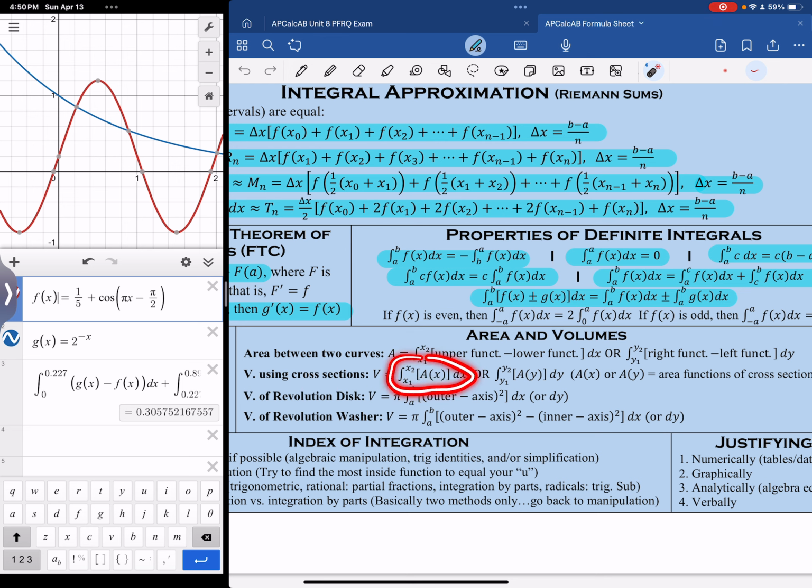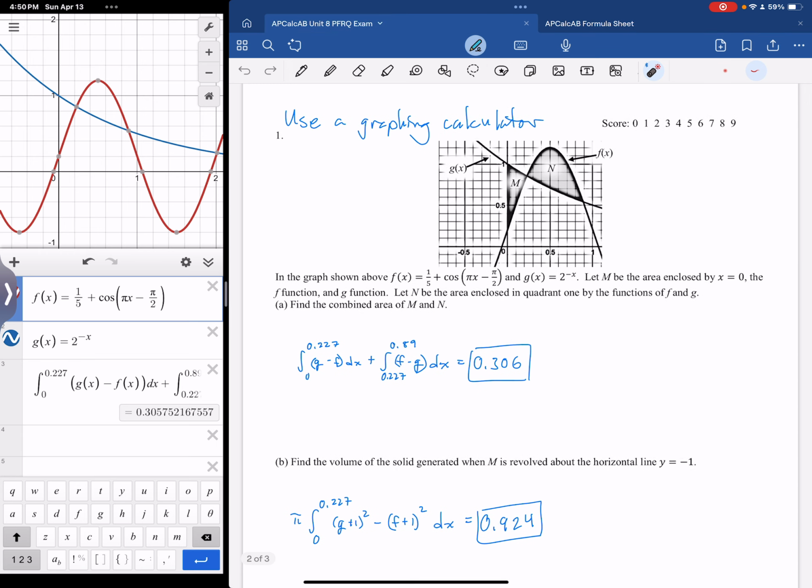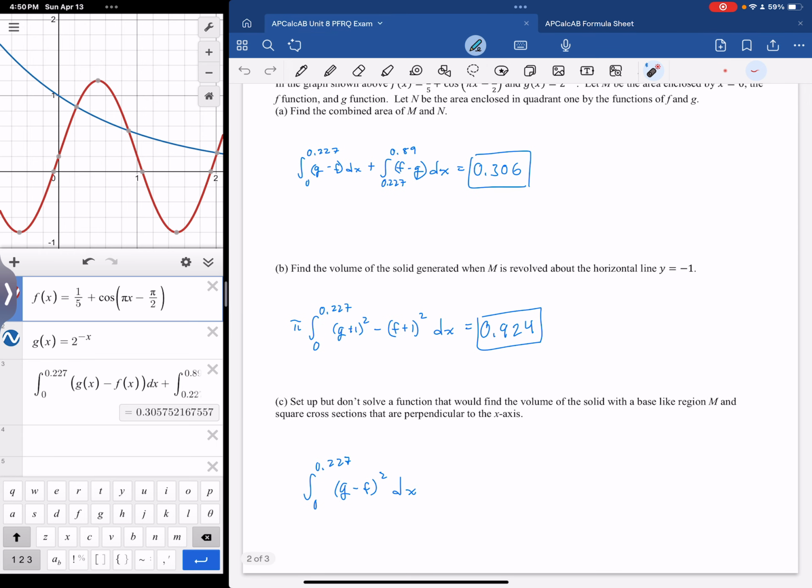This one's with respect to x, this one's with respect to y, because you have to use only what you know, and that's the distance between the two curves. So for our last problem on this, we don't have to solve it, we just have to set it up, which I think is kind of weird for this problem because since it's a calculator problem, normally it would have you solve it. But we're just going to talk about how to set it up.